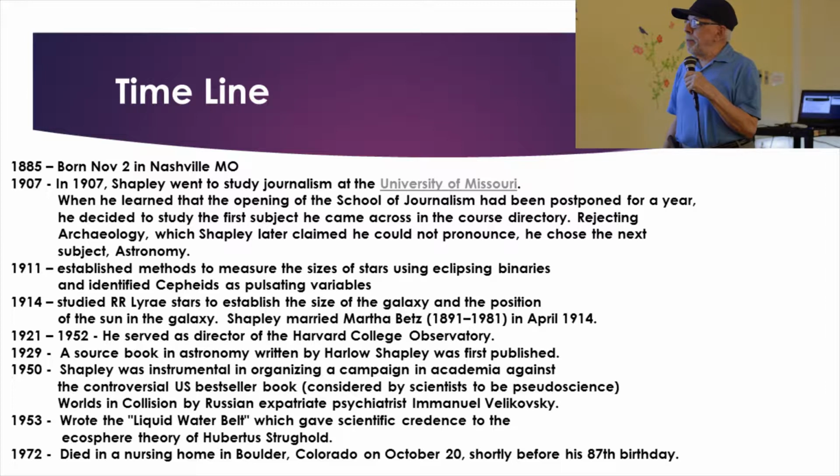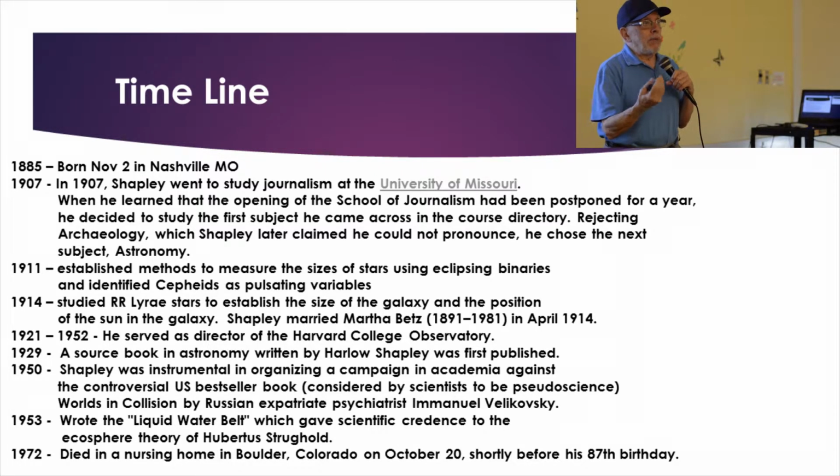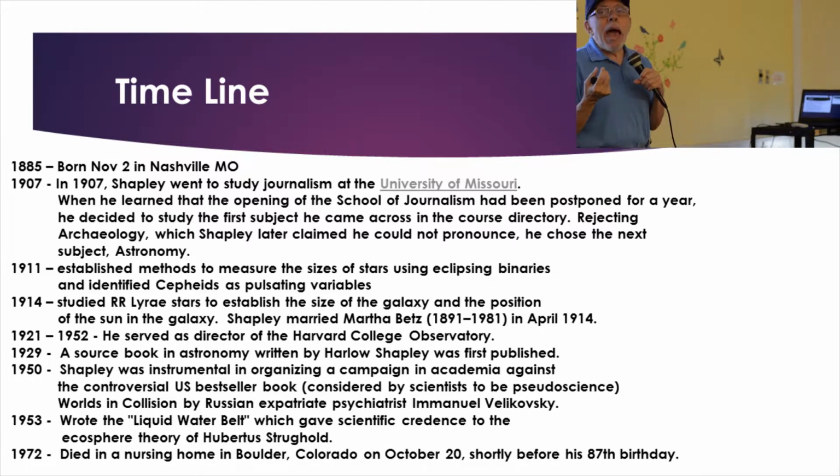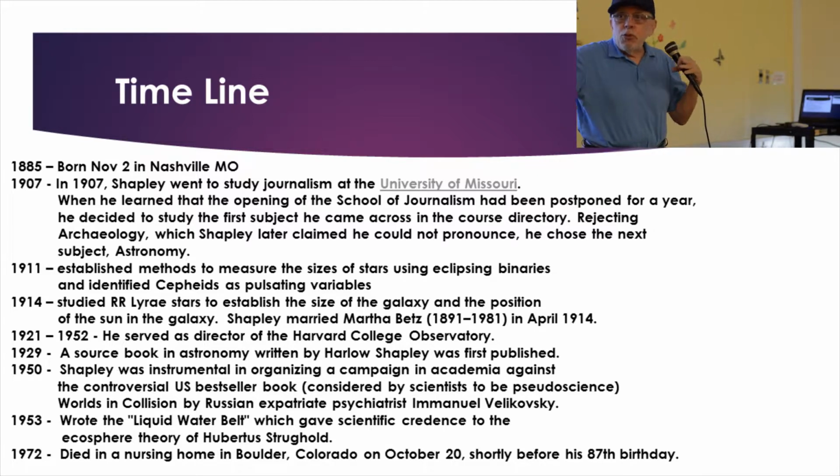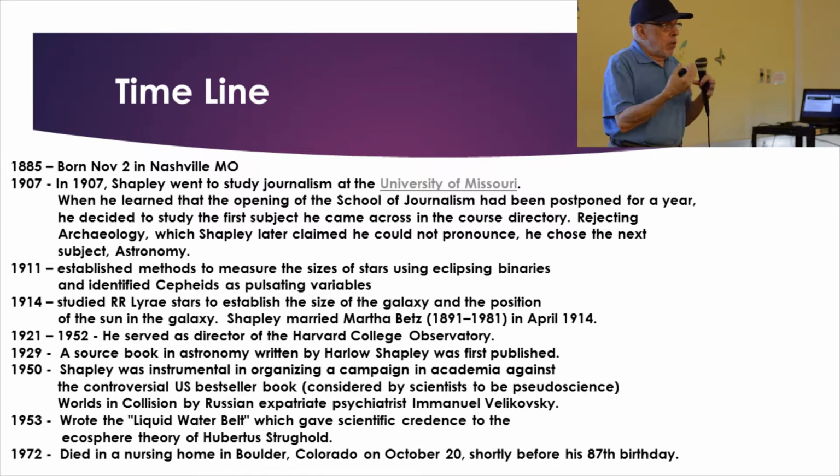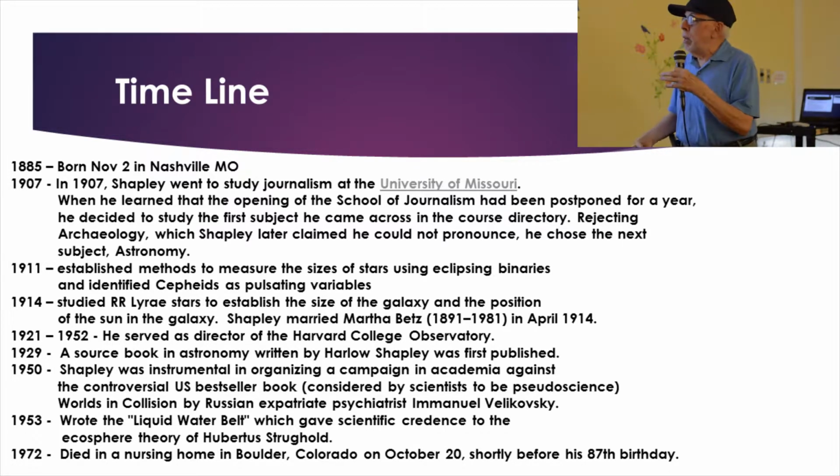He also identified the Cepheid variable type stars as pulsating variables. So that's another way in which the light from a star varies. Just intrinsically, there's an imbalance between the gravitational forces that are constantly trying to collapse the star versus the expulsionary or outward forces that are due to the fusion that's going on inside the star.